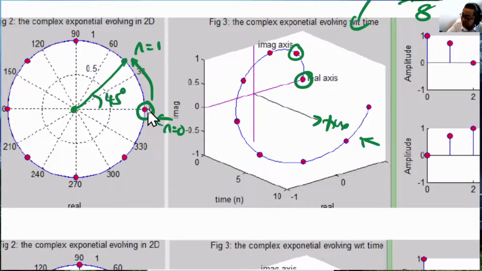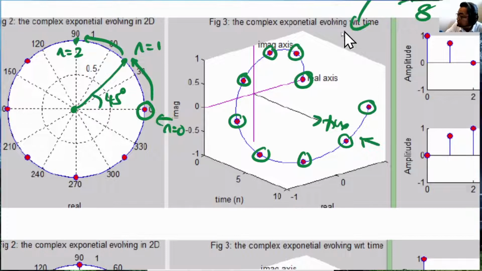So you can see the n equals to 0, n equals to 1 here. And then n equals to 2 here. So by each step, as we step up n, we are moving by pi over 4 or 45 degrees. So the third point is here. So let's trace the point. N equals to 0, 1, 2, 3, 4, 5, 6, 7.